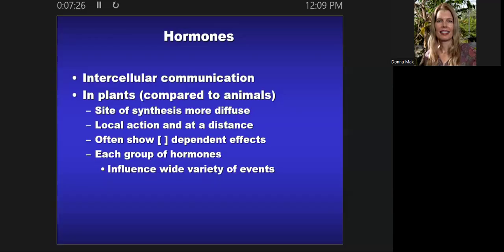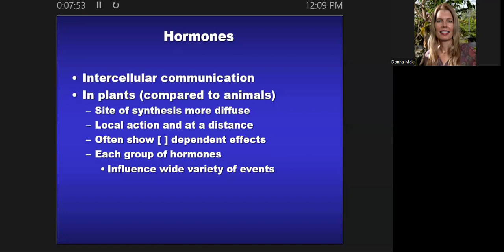And I give a lot of credit to plant physiologists who do hormone research. My hat goes off to them, so to speak, because it is complicated, very complicated. And so we know that each group of hormones can impact a variety of different events and processes in the plant. And now they also know that hormones can work together on a certain process.